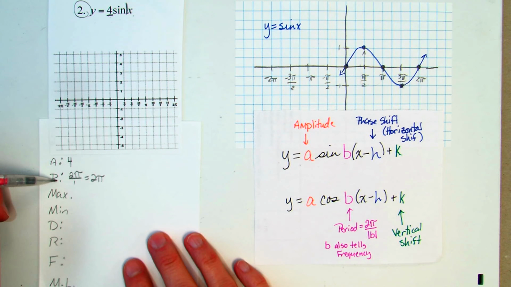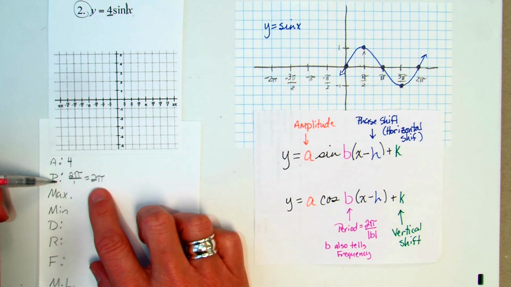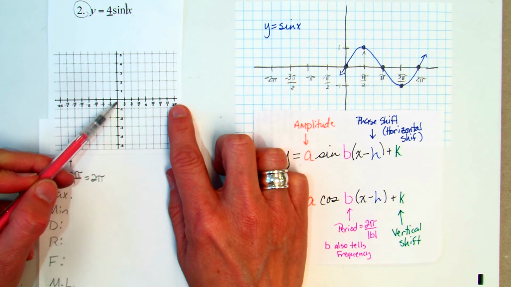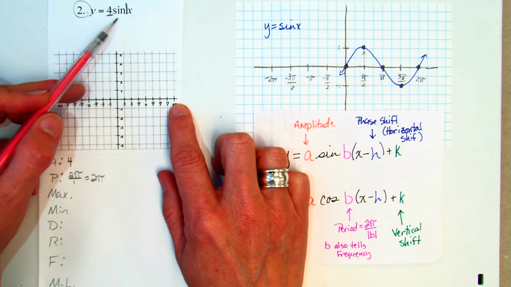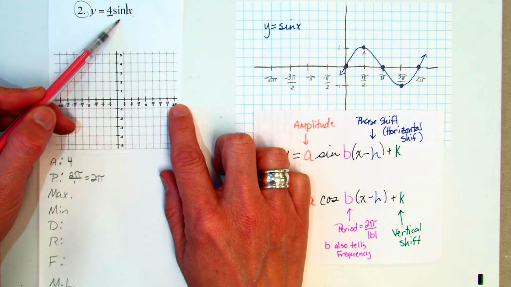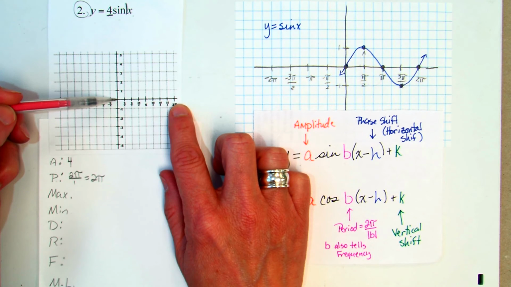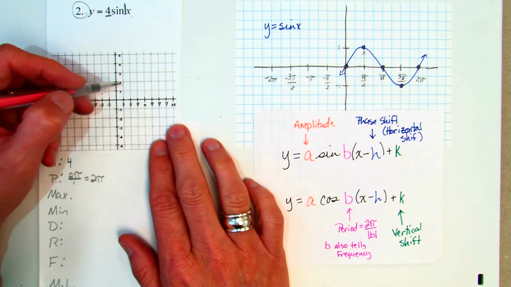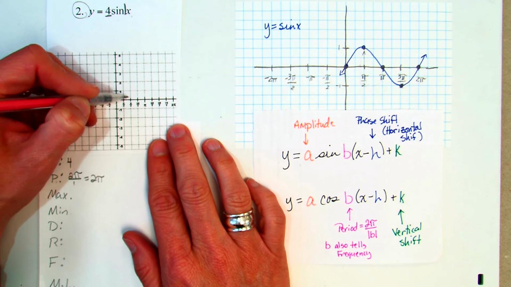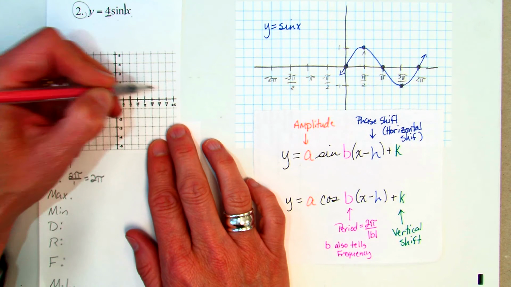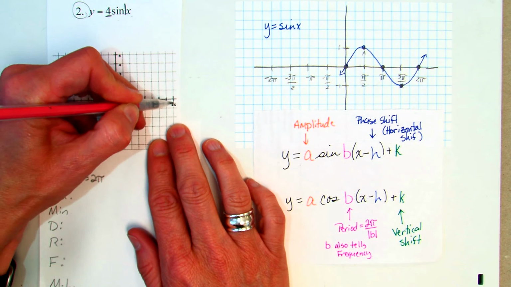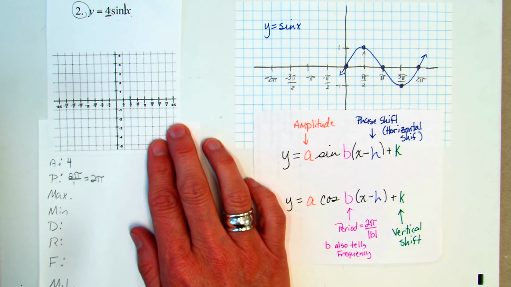According to my period, I'm still going to be a length of 0 to 2 pi. There is no horizontal shift here. So I'm going to have my original 5 x values: 0, pi over 2, pi, 3 pi over 2, and 2 pi. Those are going to be my 5 critical x values. Now I need to find the y values to go with those.